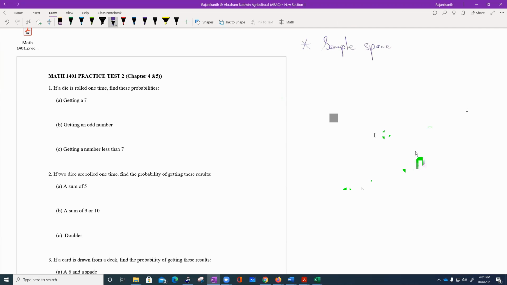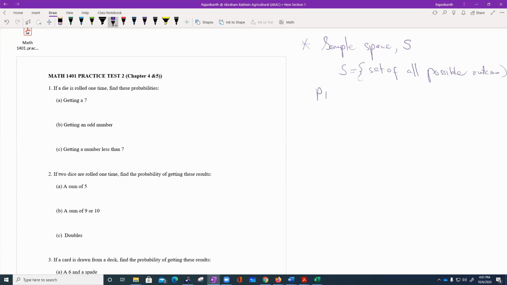Okay. The sample space we denote by a big S. So the sample space is nothing but a set of all possible outcomes, right? Okay.